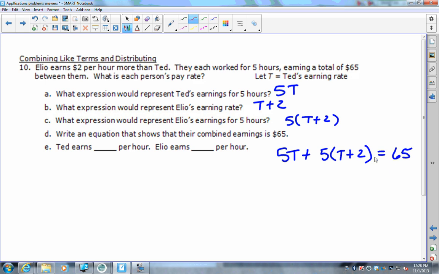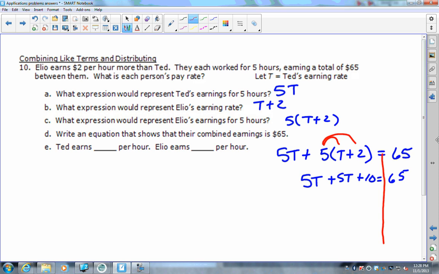So now to solve it, I have 5T plus 5 times T, 5 times 2. So I have, again, 5T plus 5T plus 10 equals 65.